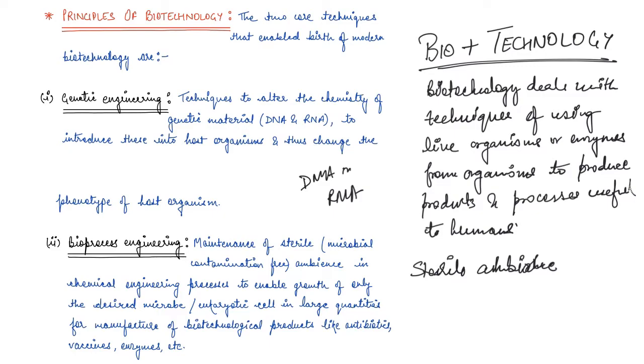So sterile ambience basically means microbial contamination free, right? And maintenance of this kind of ambience in chemical engineering processes is very much required to enable growth of only desired microbe or eukaryotic cell that we want to, right, in large quantities, say, right?